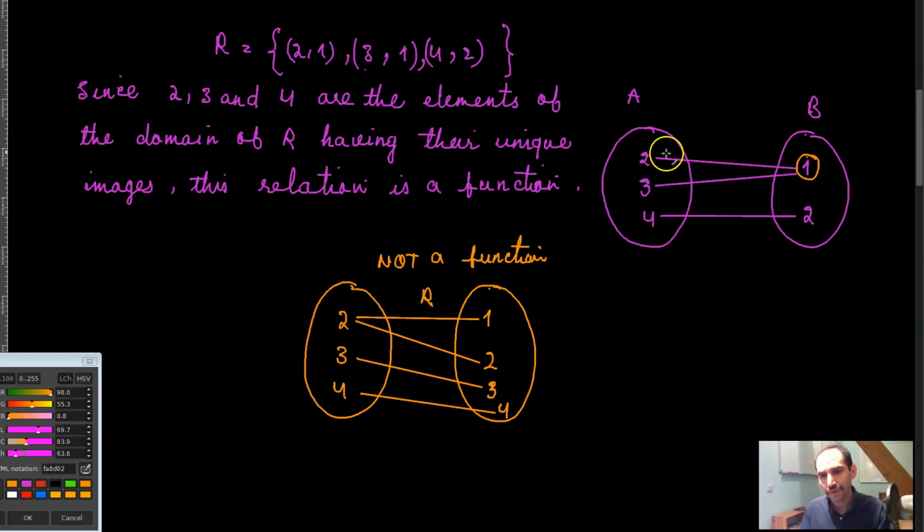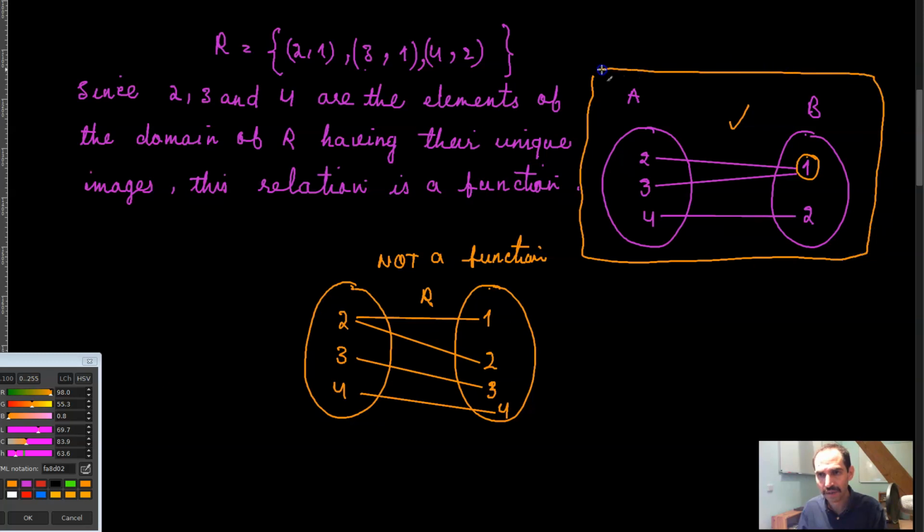So to sum it up, every element over here has been mapped to some element in the codomain, and for the same reason you can call this a function. This is a function, but this is not a function, right? What I always do is that this kind of situation, you can visualize it.